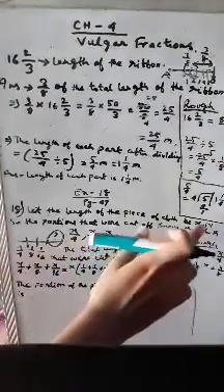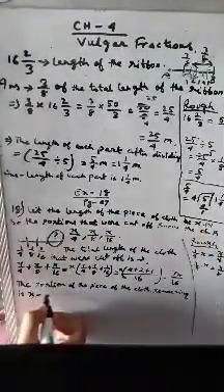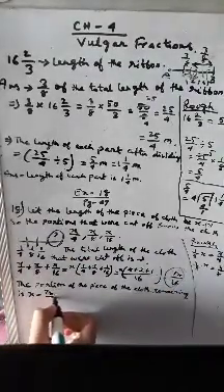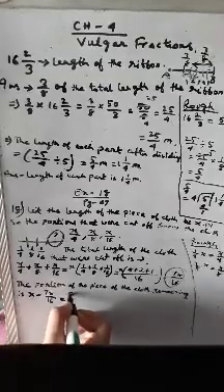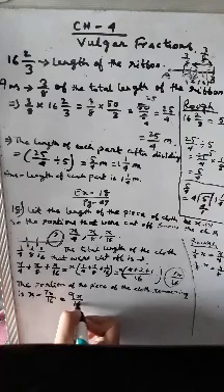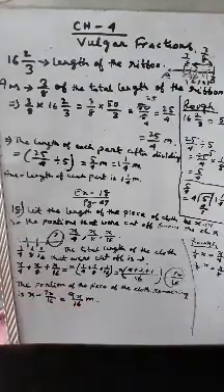What was the original length I assumed? x. So x minus this cut off portion, 7x by 16. Do the calculation. How much will you get? 9x by 16 meter.